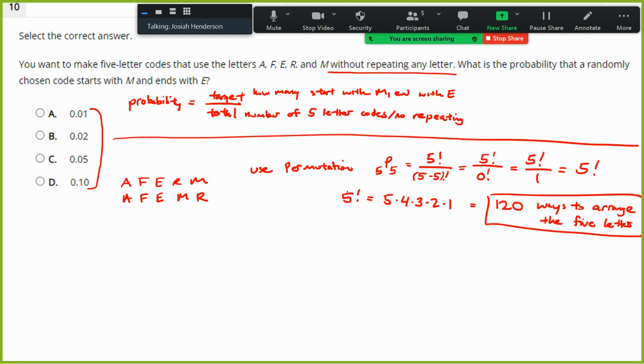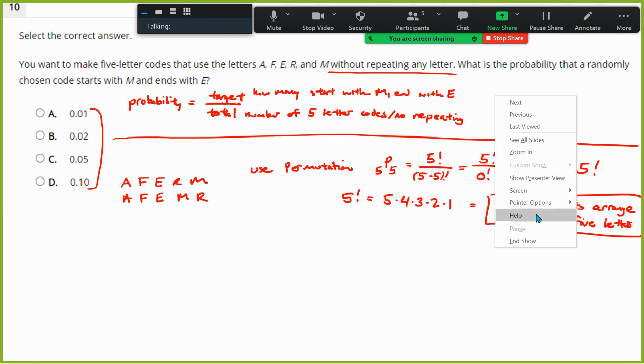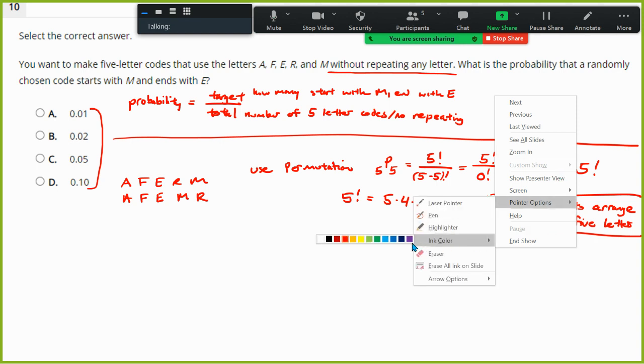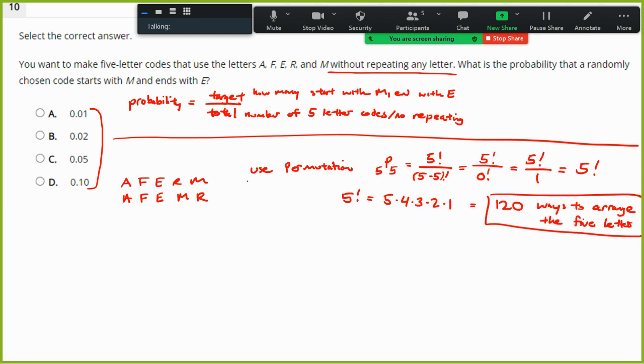Now for the target, how many of them specifically start with M and end with E? Here's where it's a little more tricky.